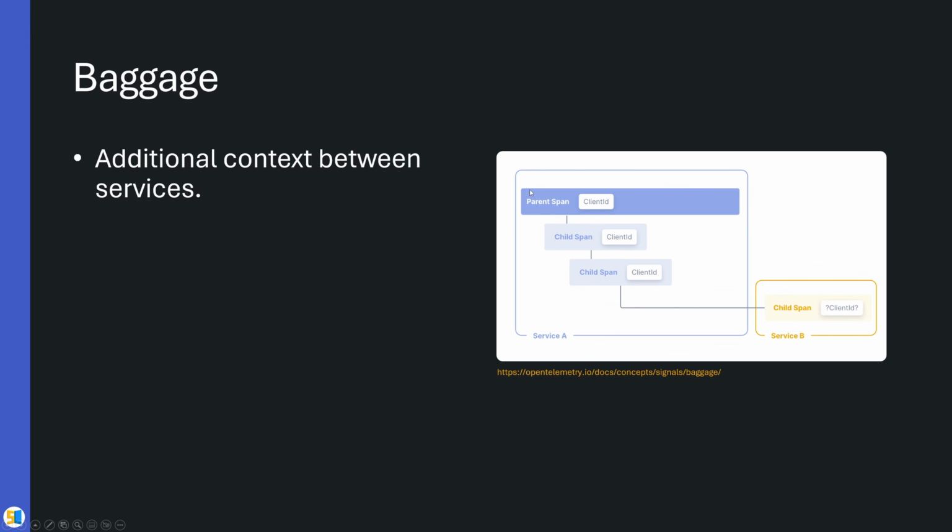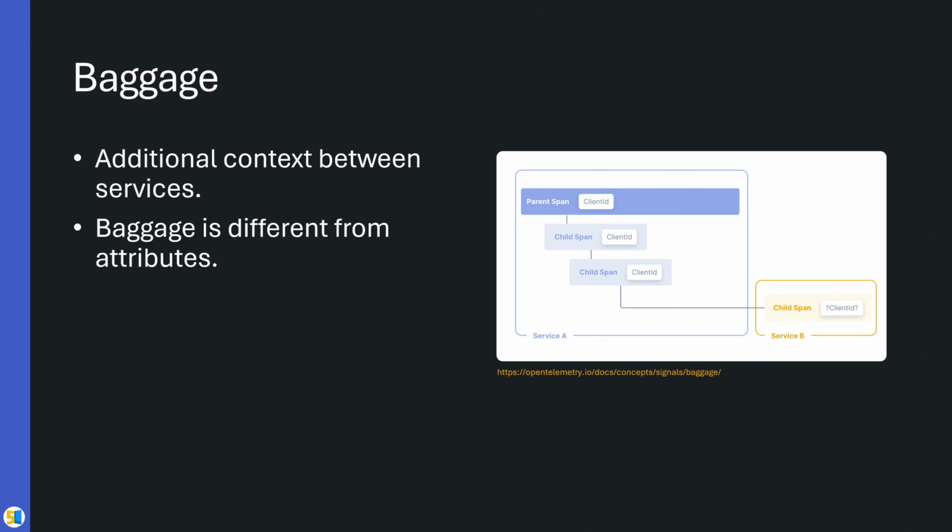And then using baggage, you want to pass client ID, right? So you can set the baggage here in this parent span, and that information can be carried on through its child span and eventually to another service that will receive the same context propagation. So service B can extract the baggage and use that information too.